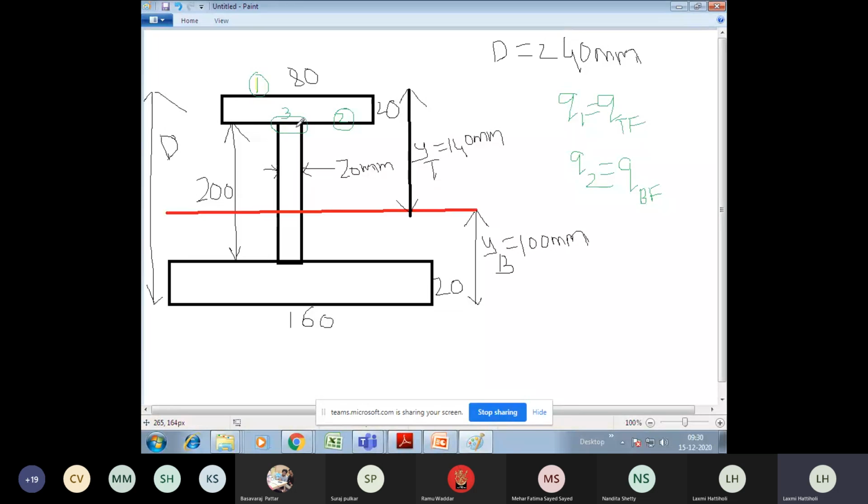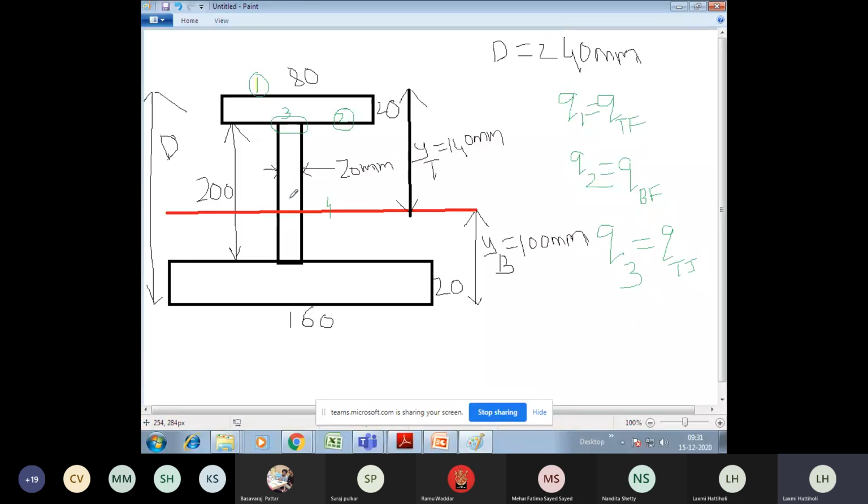So this is the junction of the top flange and the web. You can call this Q3, or else you can call it top junction, TJ. However you feel comfortable, you can do that. Next, calculate the shear stress here.